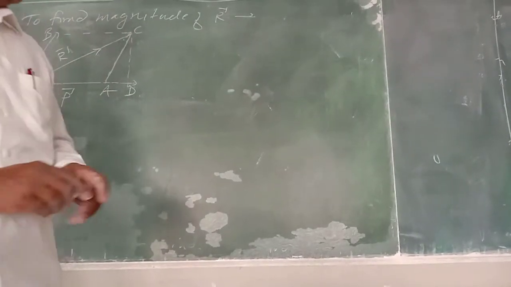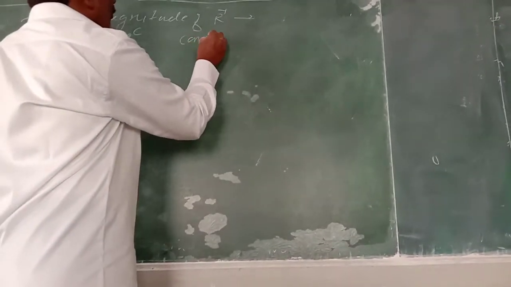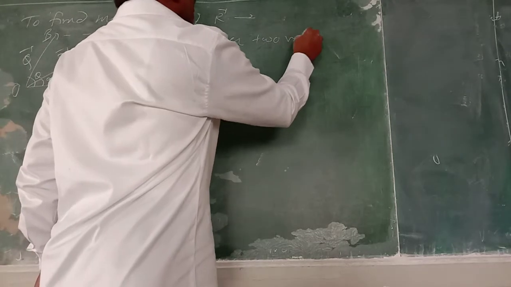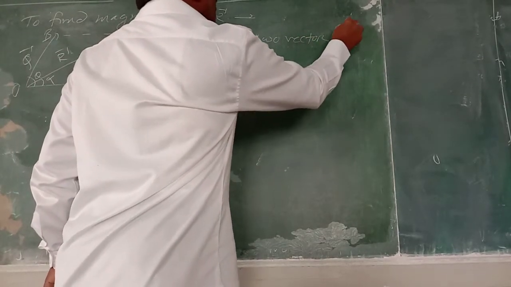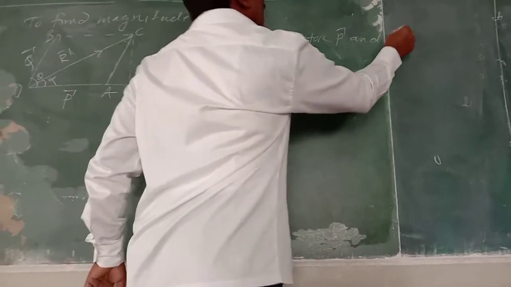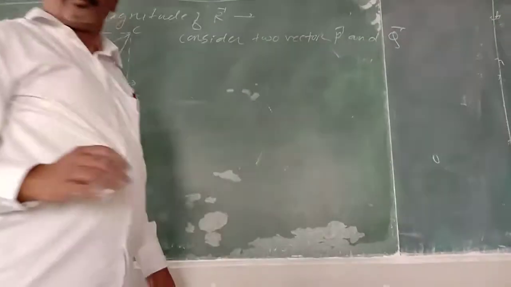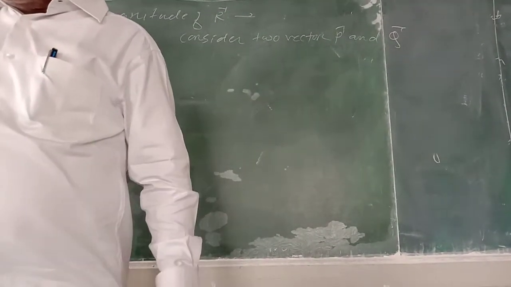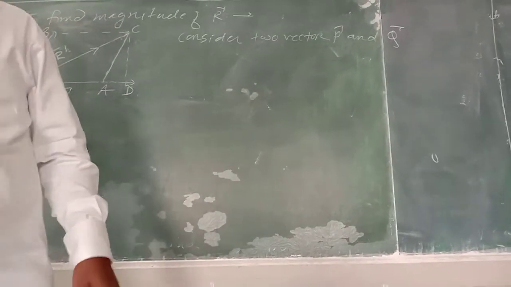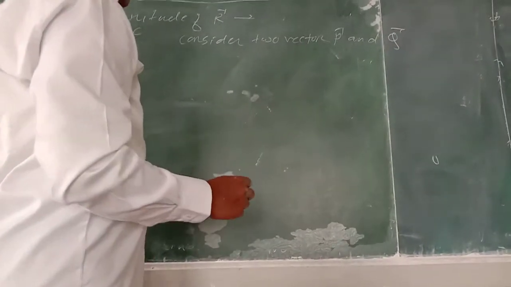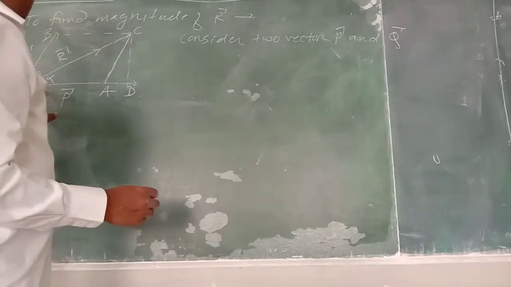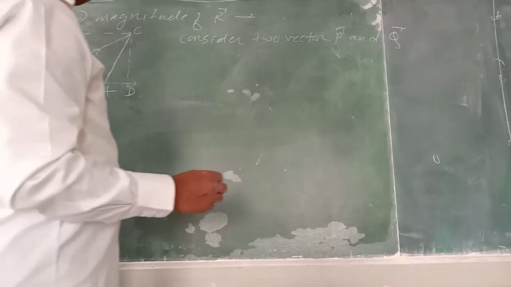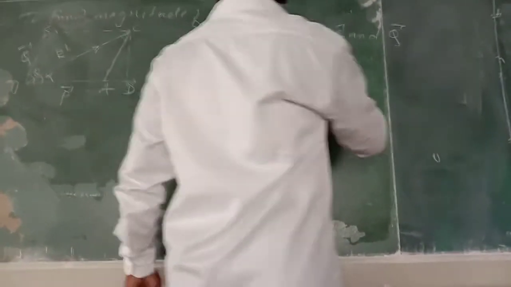Consider two vectors P and Q. Consider two vectors P and Q that represent the magnitude and direction of two sides of the parallelogram. Okay.